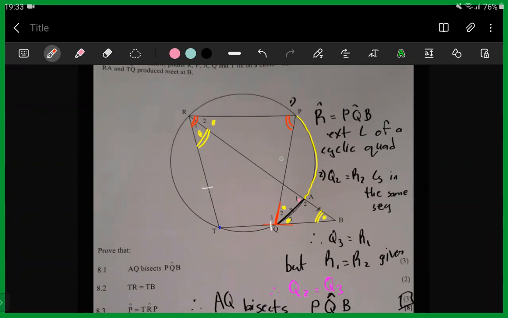Because if they want us to prove that these are equal to each other, and this one is equal to this one here, then if this one is definitely going to be equal to that one, it means that these are parallel lines, because the angles we're dealing with here are alternating angles. So if these alternating angles are equal, we're dealing with parallel lines.